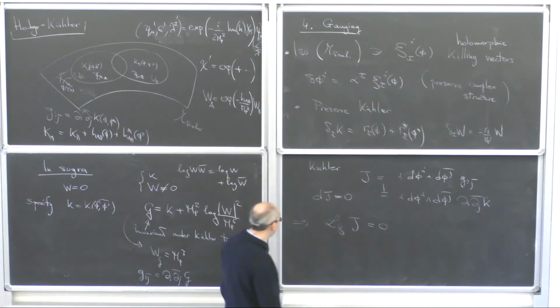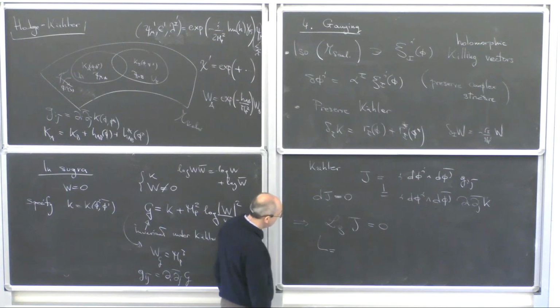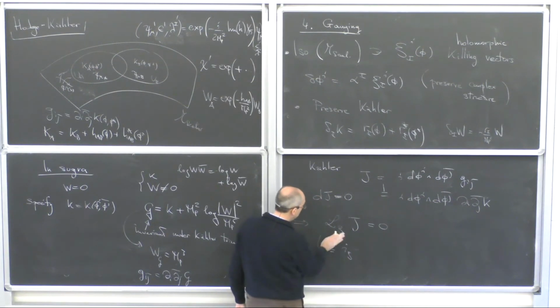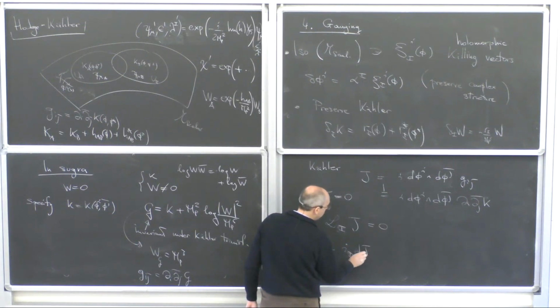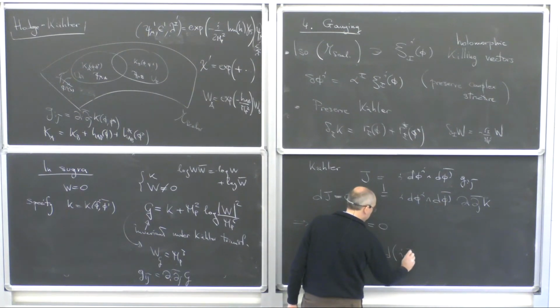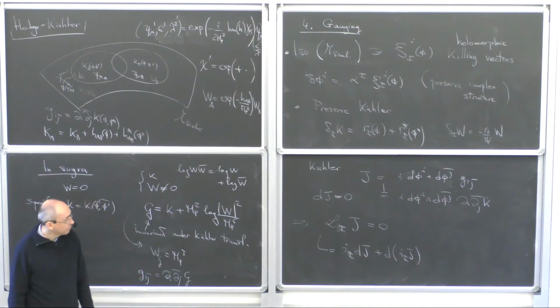Now, if you write this in differential form language, the Lie derivative can be written as the inner product with respect to, let's say, the isometry I, after taking the differential of J, plus the differential of the inner product of J with the isometry vector I. But dJ is 0.